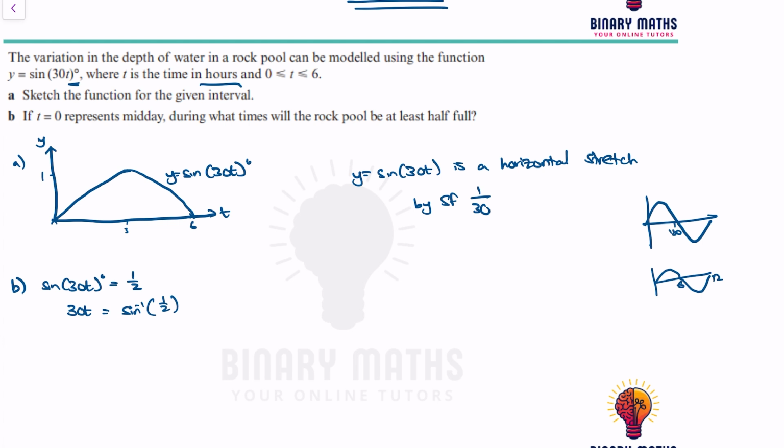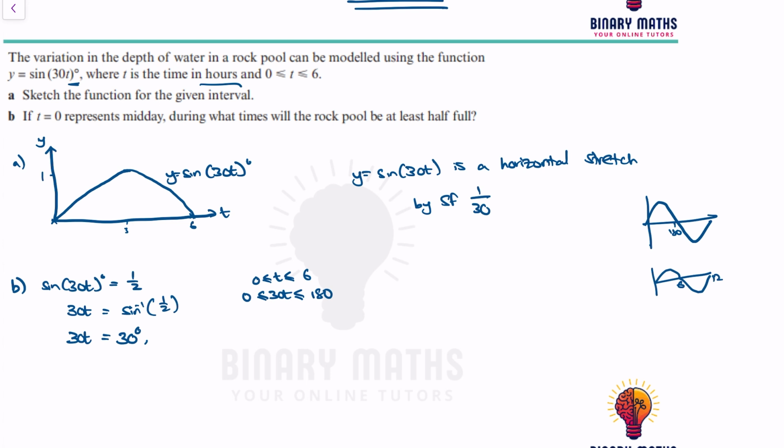So if t is going between 0 and 6, then 30t will be going between 0 and 6 times 30, which is 180. So all the values between 0 and 180 where inverse sine of a half. So the first value, when you put inverse sine of a half into your calculator, you get 30 degrees. So 30t is equal to 30 degrees.